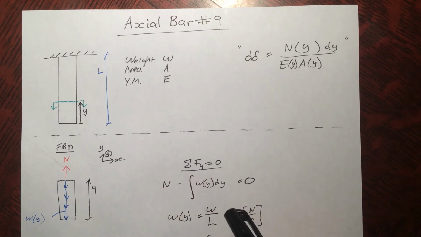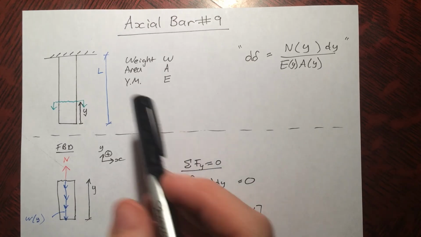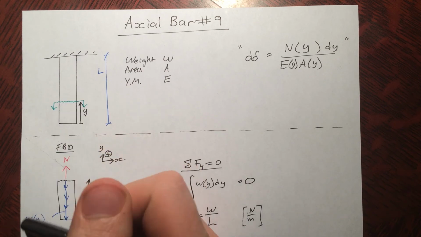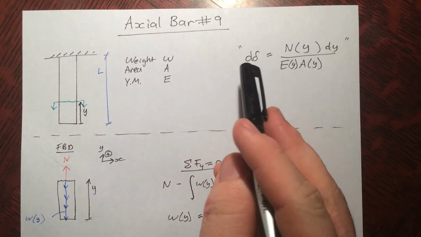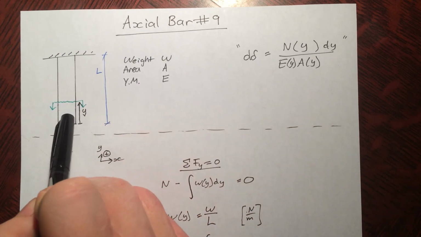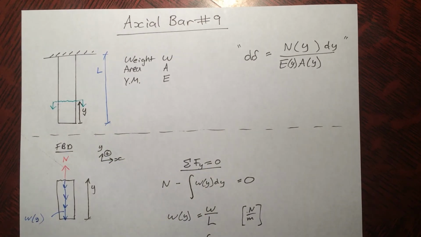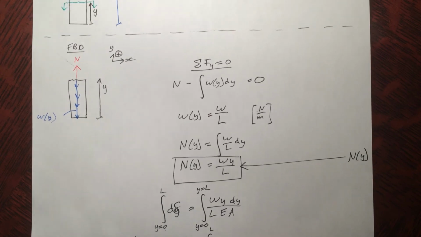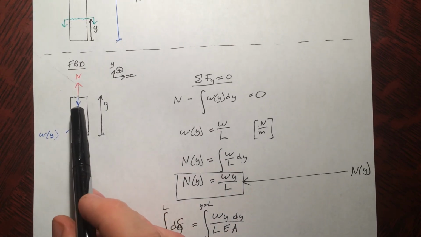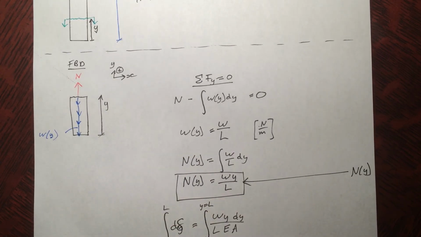Sometimes you get the right answer if you take all the force and concentrate it at one point, let's say the center of mass. But more often than not, you have to be careful, because a weight per length will give you a different elongation than the total weight placed at one point. Then we made a free body diagram, labeled it, and did the sum of the forces.